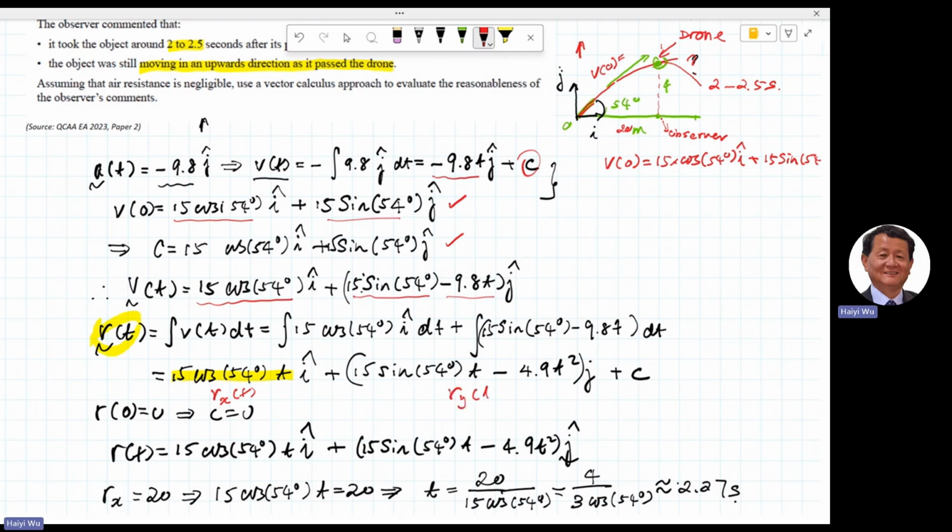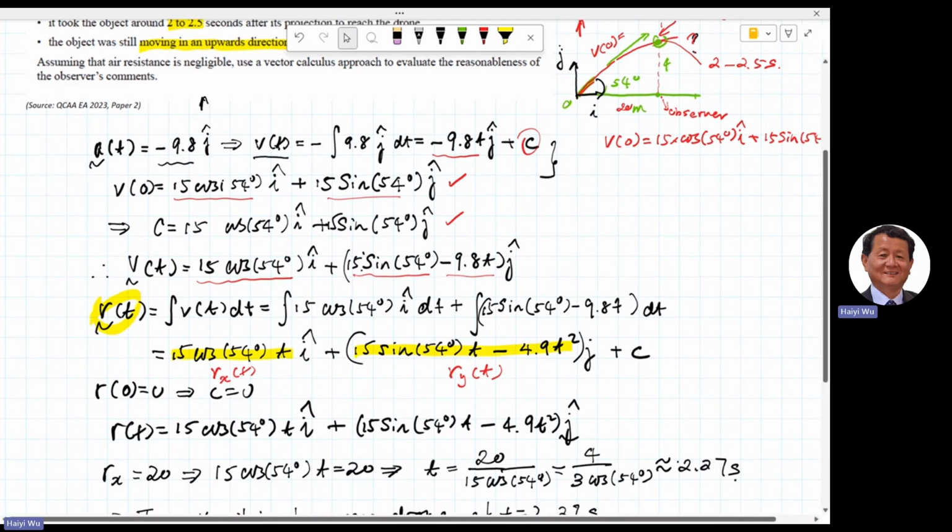So there are two different components. The y component is this. We got two components. Let's find c first, because c is still a question mark. Because the initial position was 0, c must be 0.